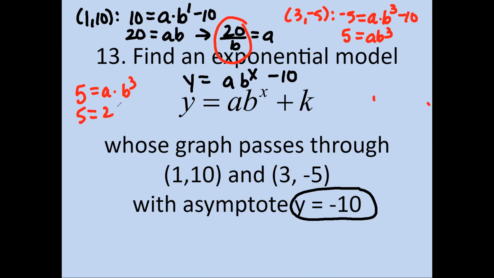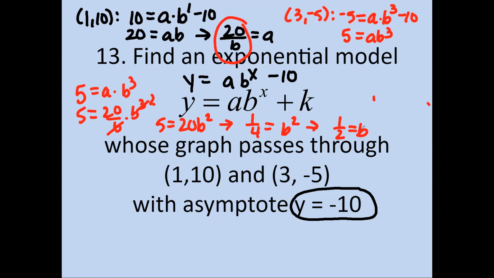So I'm going to have 20 over b times b to the third. My b's cancel. I get b to the second. So I have 5 is equal to 20 b squared. I divide by 20. I get 1/4 is equal to b squared. I take the square root. I get 1/2 is equal to b.